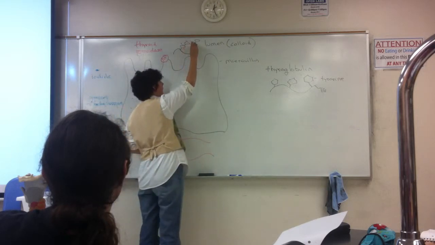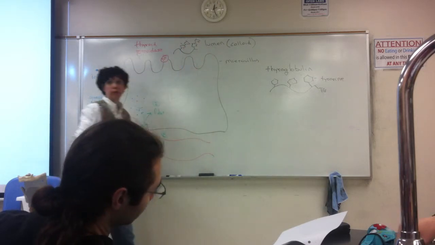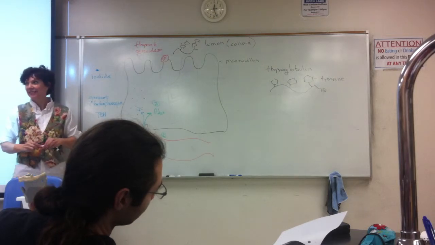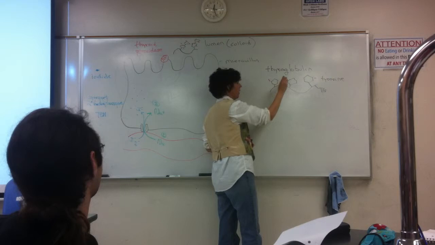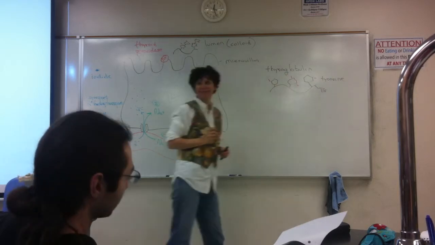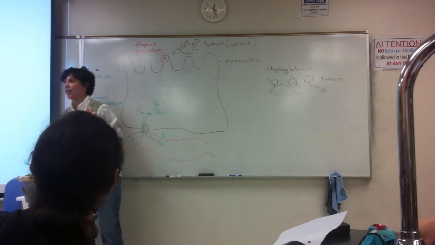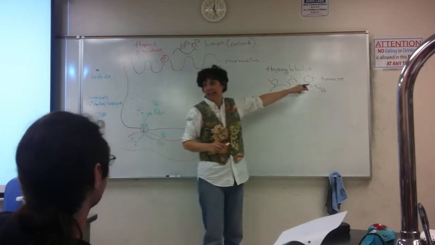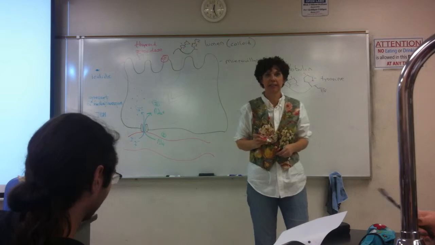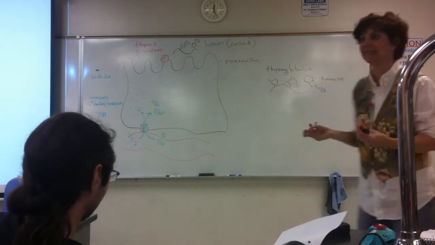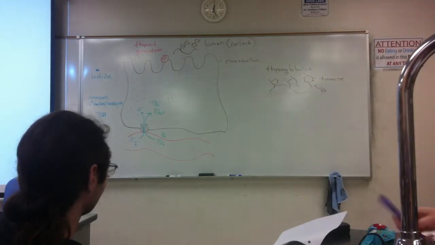And if we have that, that would be T4. So it may only add 1 iodine, or it may add 2. So if 1 and 2 are added, we get T3. If 2 and 2 are added, we get T4. And you thought that using math would never help you out.